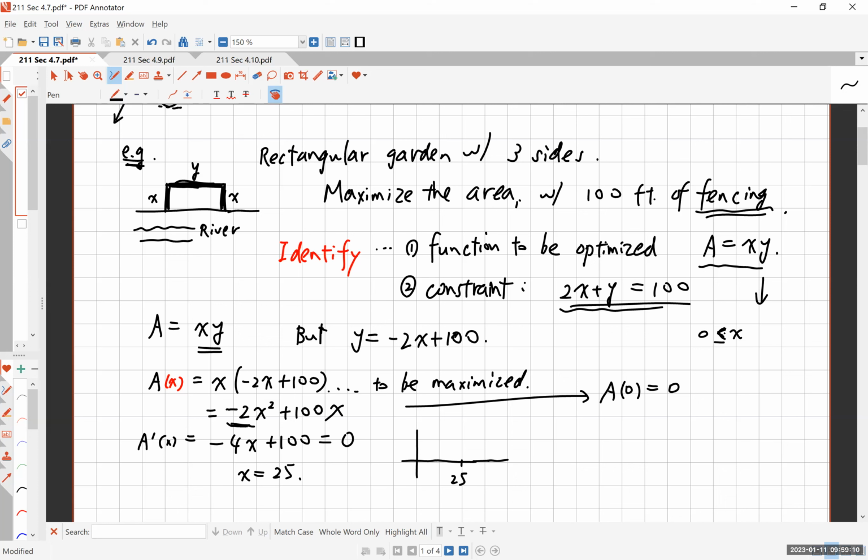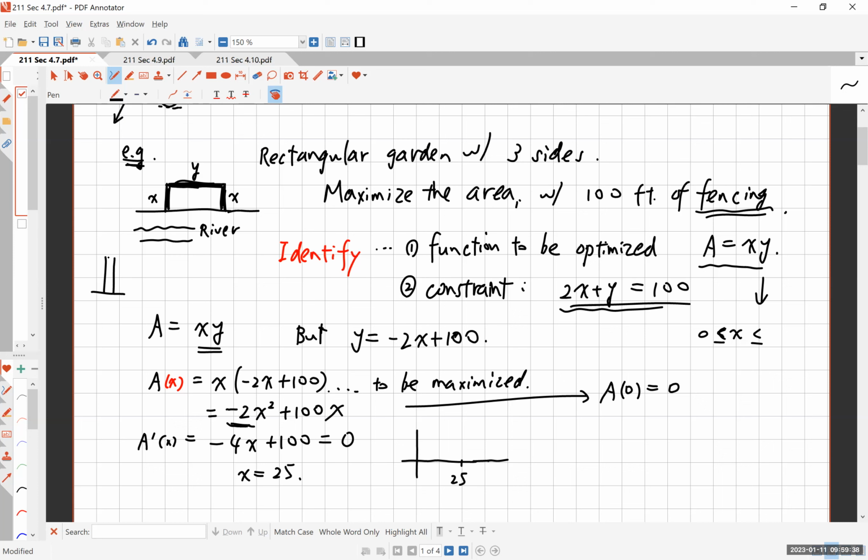Now, you could exclude 0, but in order to find the absolute maximum and absolute minimum, it's nice to have a closed and bounded interval. So let's allow x to be 0, even though that would be ridiculous because you would not have a rectangular region. And then how big can x be? If x is 50, then you have just used all 100 feet of fencing.